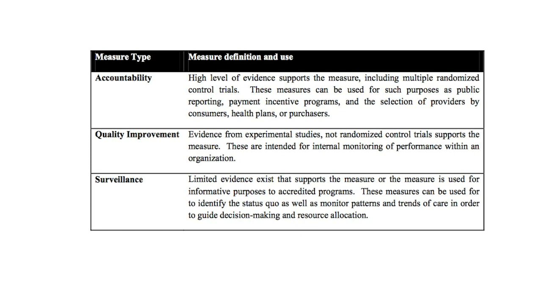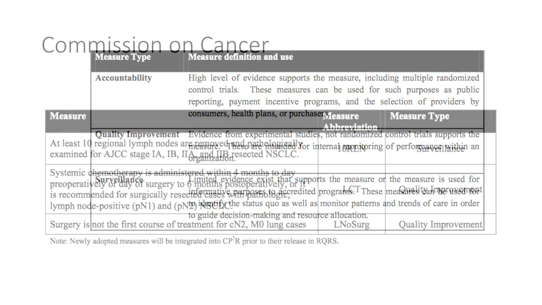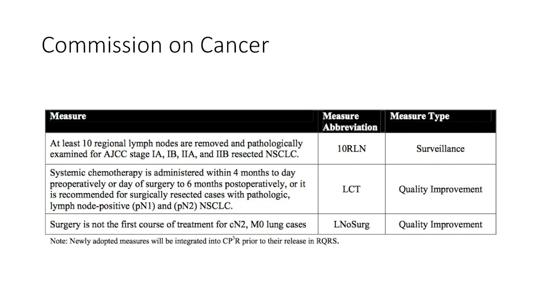The surveillance metrics I'll draw your attention to. These are ones with limited evidence that support the measure, and it's used for information to help the programs evaluate their own standards. These are not going to be publicly reported. For lung, there are only three metrics that surveyors currently report on.